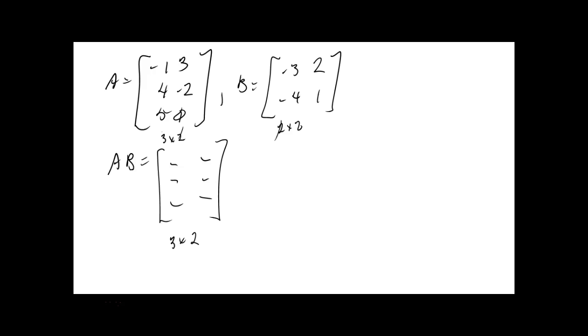Those are the spaces, and you have to fill them in. What is the 1,1 entry? You use the first row by the first column. That would be 3 plus -12, which is -9. First entry is a -9.